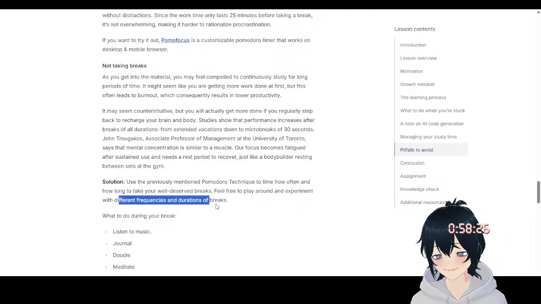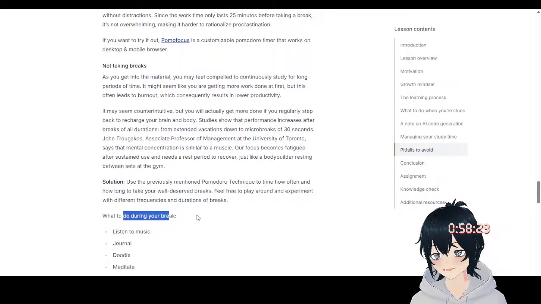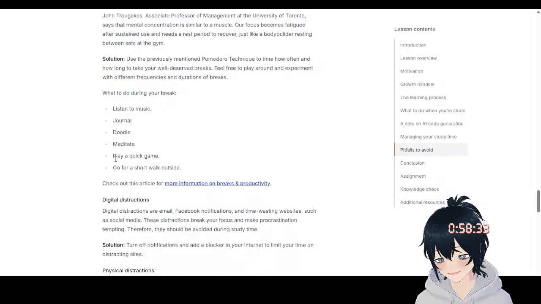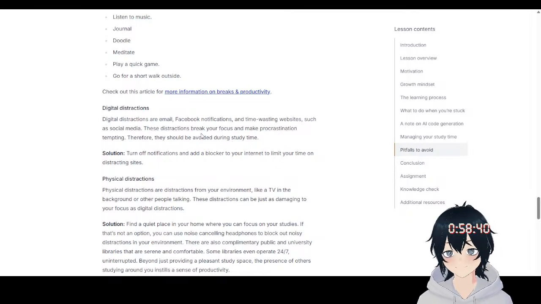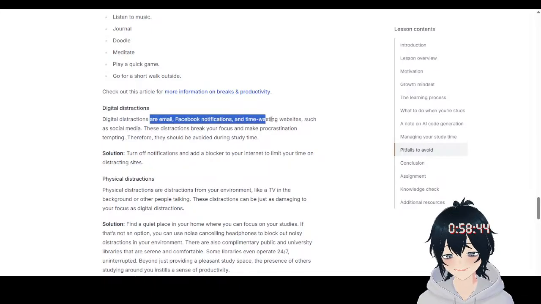Different frequency and durations of breaks. What to do during a break? So I shouldn't be listening to music right now. There are no games that last for 15 minutes, bro. Yes.